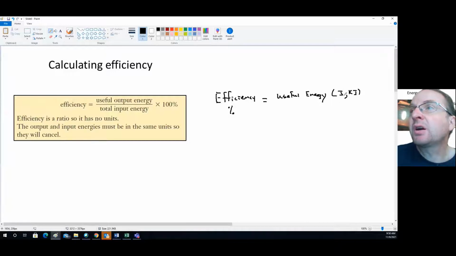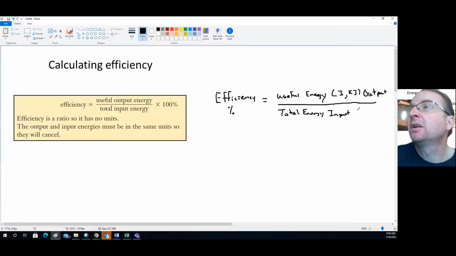If you've got joules on top, you've got to have joules on the bottom, because on the bottom is going to be your total energy. And yes, just to finish this off, this is the useful output, and this is the total energy input.